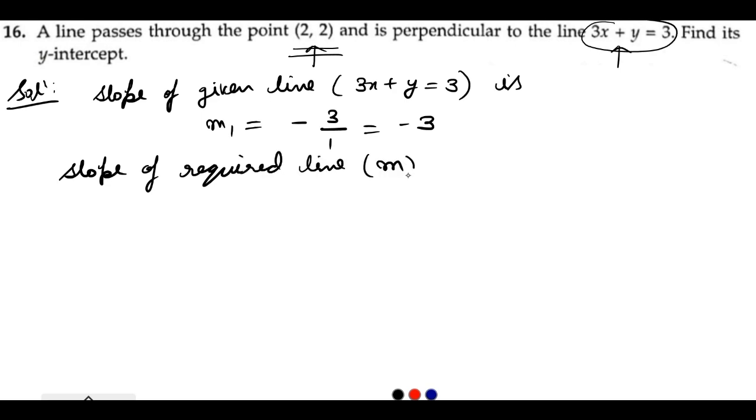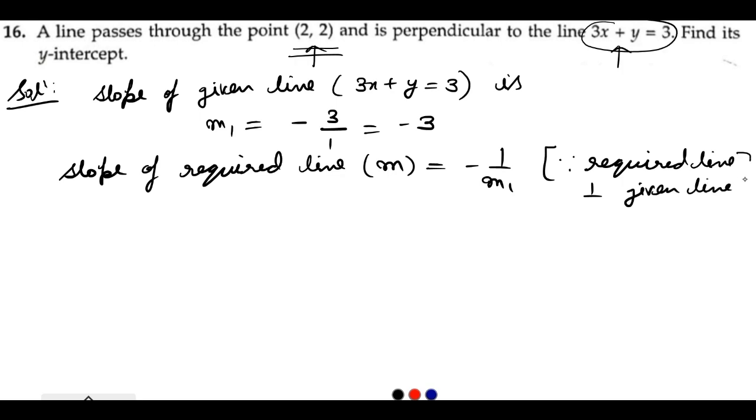Slope of required line is equal to minus 1 upon m1, since required line is perpendicular to given line, that is 1/3.